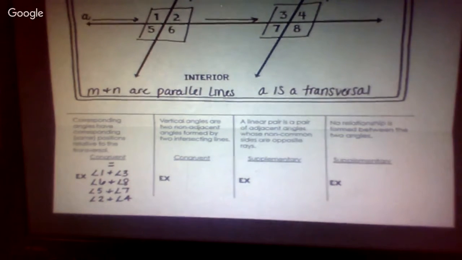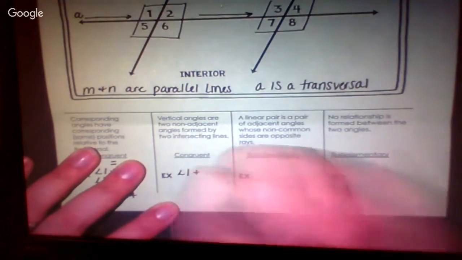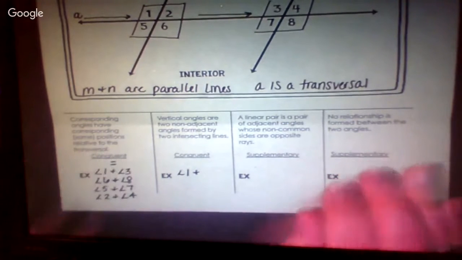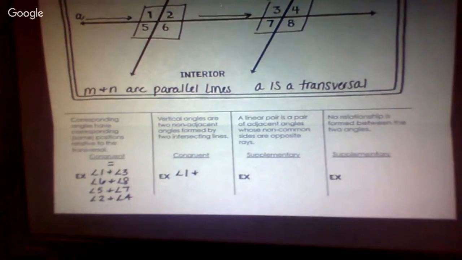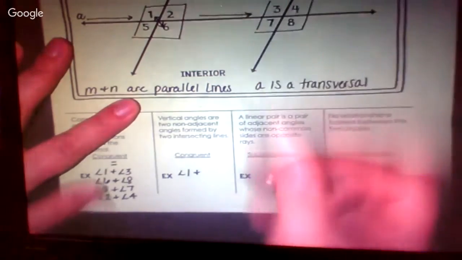Yesterday we talked about vertical angles. Well, you also have vertical angles in this picture. Remember, your vertical angles are across the V. So if I start you off with angle 1, what is vertical to angle 1? Angle 6. It's across that V. So angle 1 and angle 6.